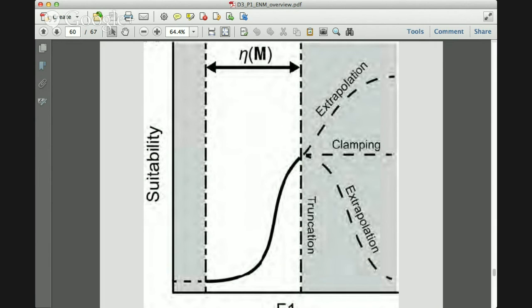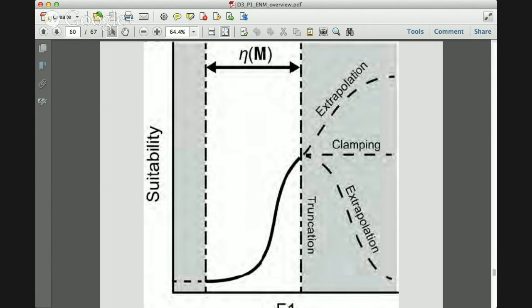Or look at the other extrapolation. There, essentially, my model is guessing that it has a nice bell-shaped curve of suitability, and so it comes back down to 0. Or look at truncation. Maybe, just by coincidence, the environmental limit of my M area is also the limit of my species niche. Well, if you just run a Maxent model on default parameters, it actually does something very interesting.